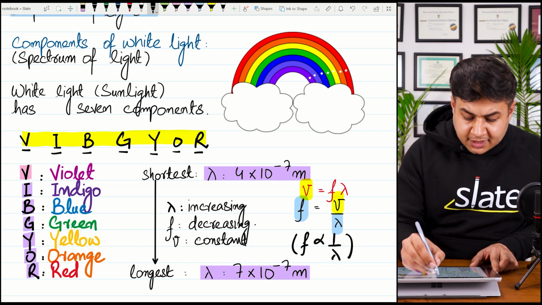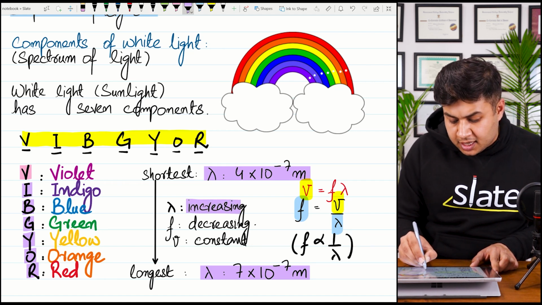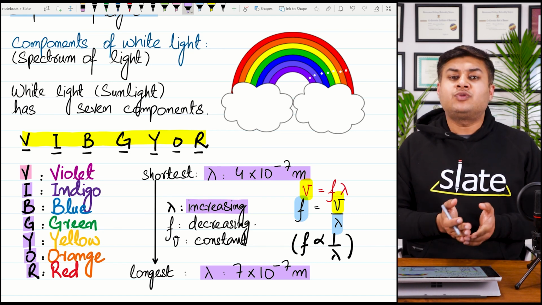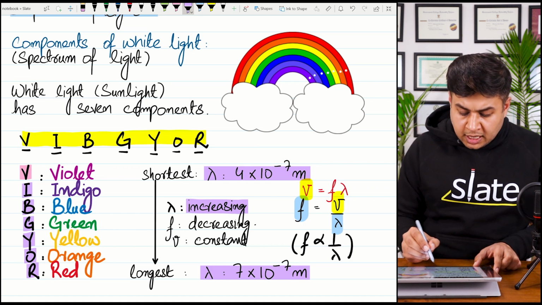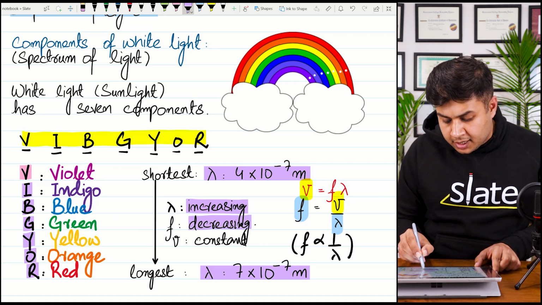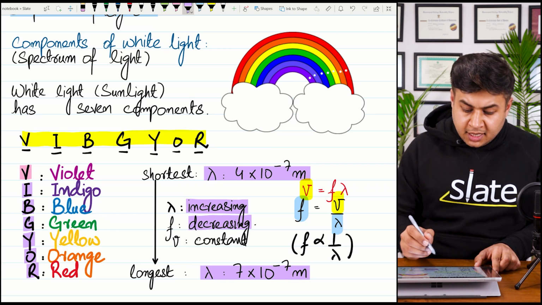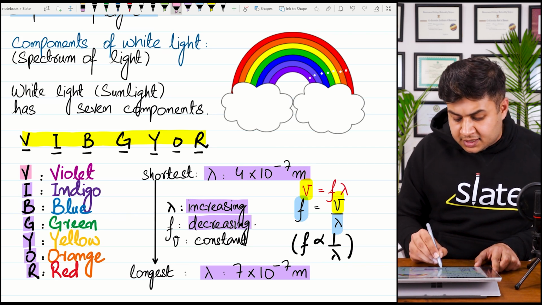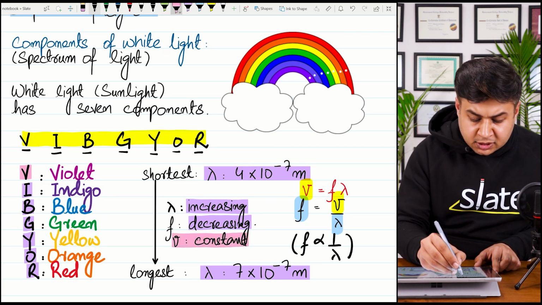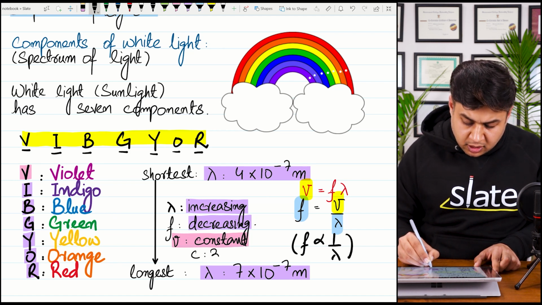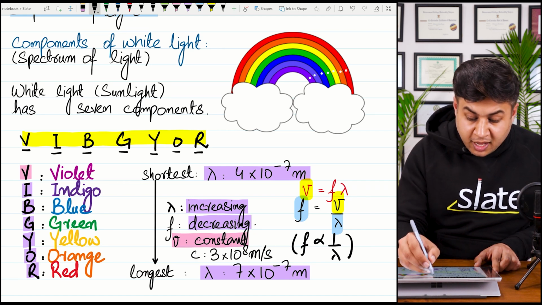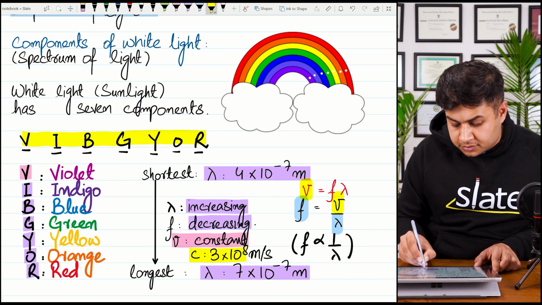Because of this, down the list, as wavelength increases from violet to red light, frequency decreases. Remember that all waves travel with the same speed in vacuum, and that speed is represented by the symbol C, and its value is 3 into 10 raised to power 8 meters per second. You have to memorize the speed as well.